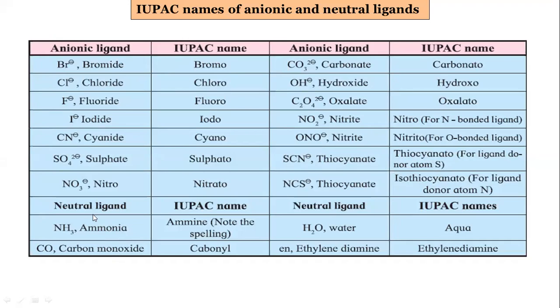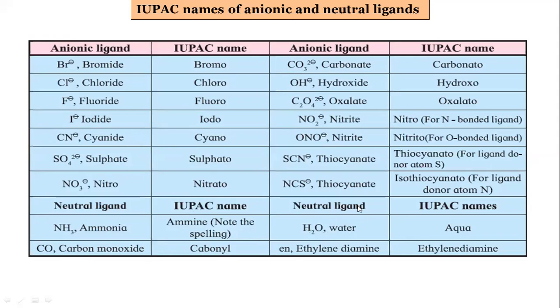Now I am coming to the neutral ligands. See, ammonia is neutral, so the name will be ammine. Note the spelling, the spelling is very important here. Ammonia, and the spelling of ammine is different: AMMINE. Then CO is a carbon monoxide ligand. The IUPAC name will be carbonyl. Then this is water.